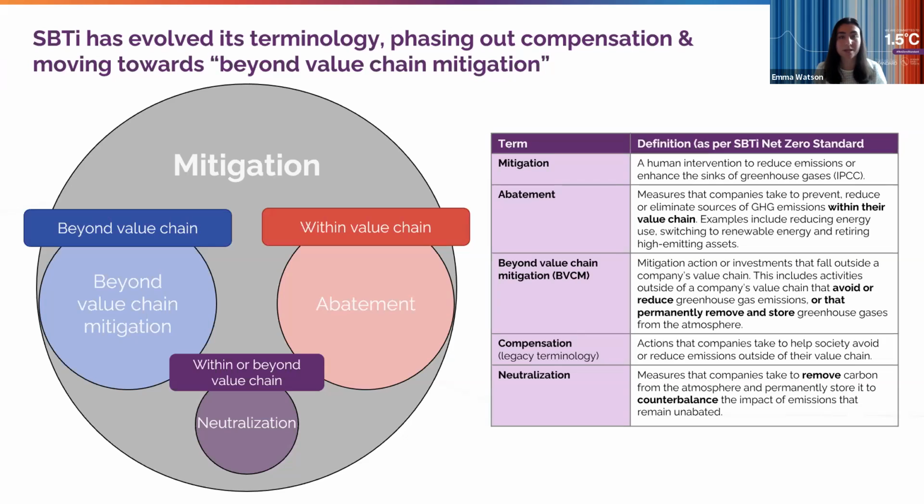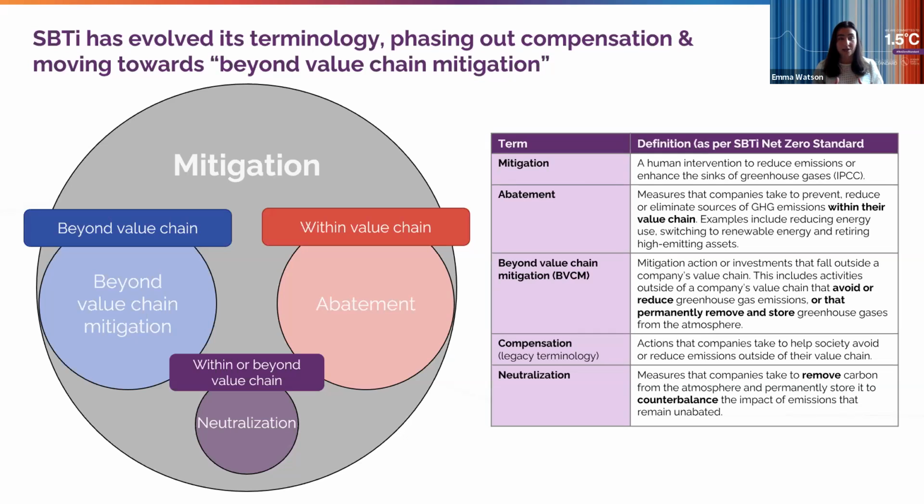Abatement is a term that we use to identify the measures that companies take to prevent, reduce, or eliminate sources of greenhouse gas emissions within their value chain. Some examples of that would be reducing energy use, switching to renewable energy. So it's anything that a company does within its value chain, and essentially that's its science-based targets, is the abatement.